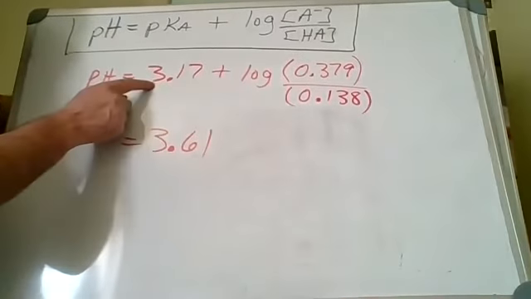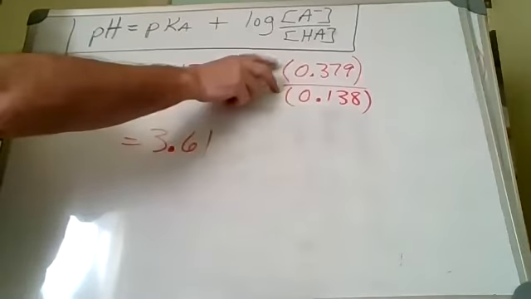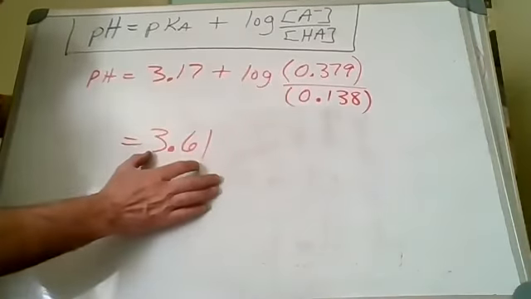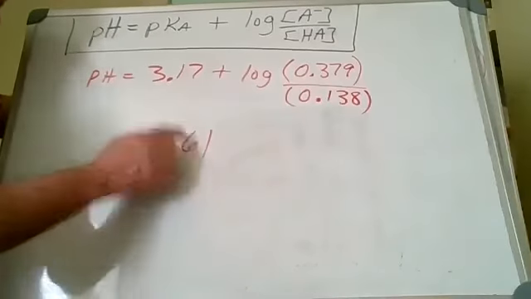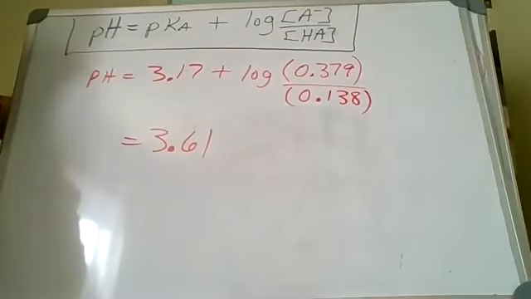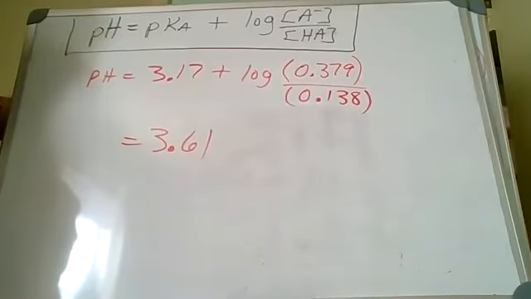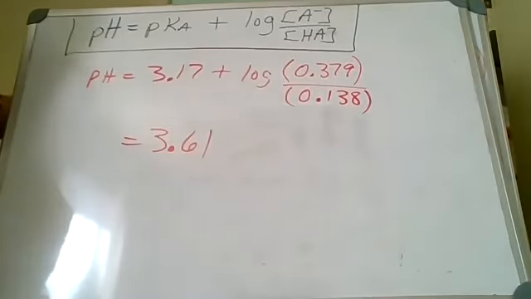So you can still use that same buffer system, but you can tweak the concentrations of the conjugate base and the free acid to get to your pH of 3.61. This buffer system will still work. It won't work as well as it does at 3.17, but you'll still get your biochemical reaction to occur. You just tweak the concentrations a little bit.